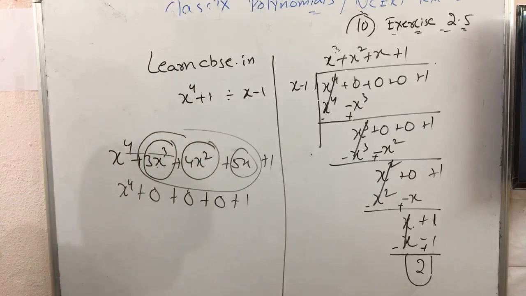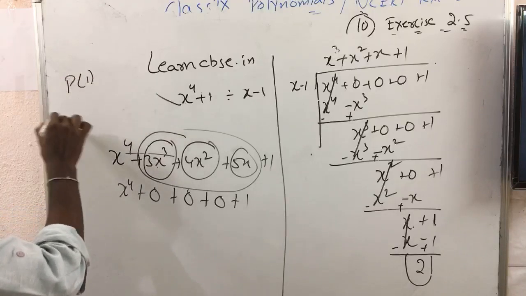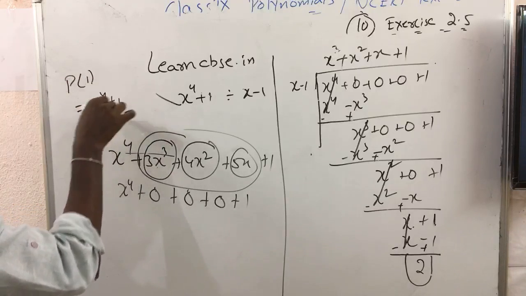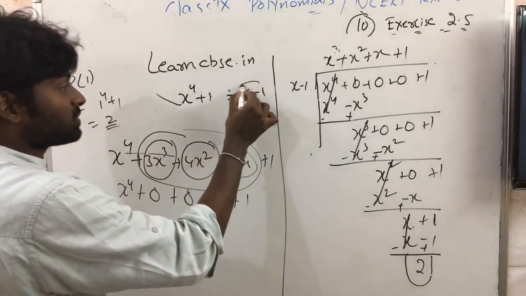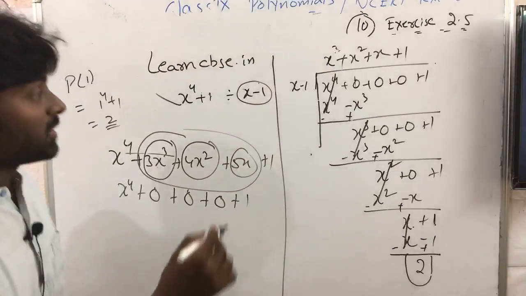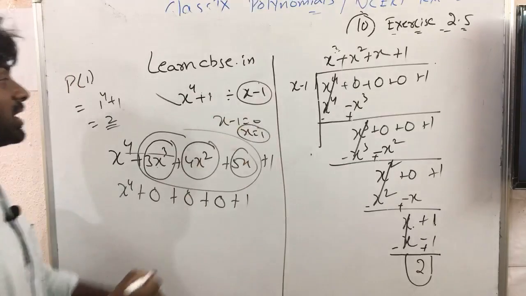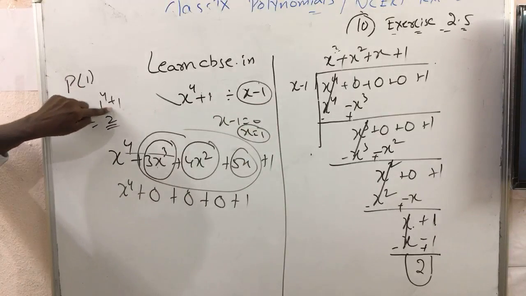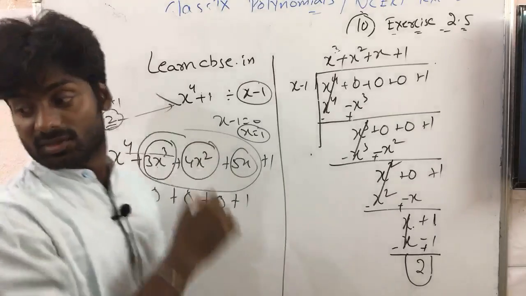So if you write p of 1, you will get 1 power 4 plus 1, which is 2. Because we are dividing with x minus 1, x minus 1 equal to 0 means x equal to 1. If you substitute x equal to 1 here, 1 power 4 plus 1 is 2. That is the remainder. This is using the remainder theorem also.